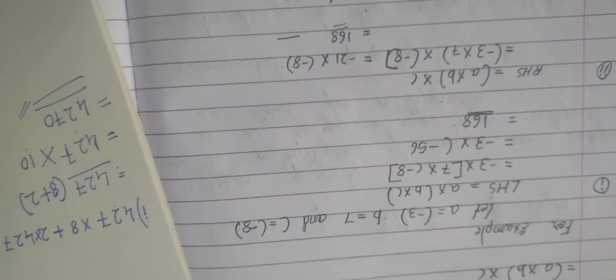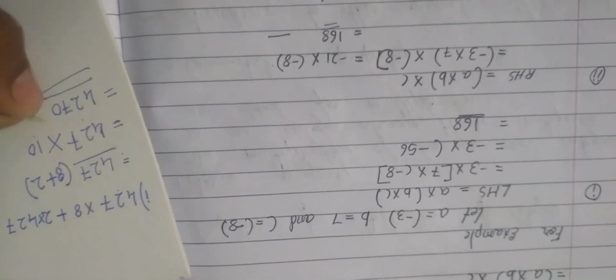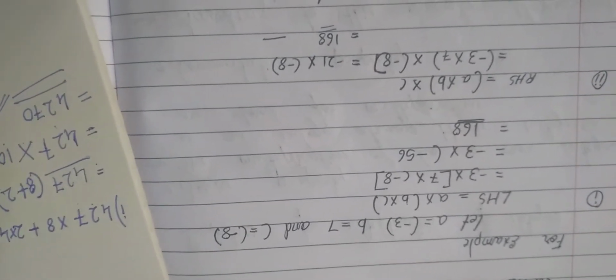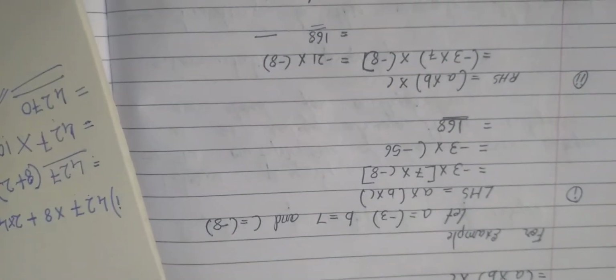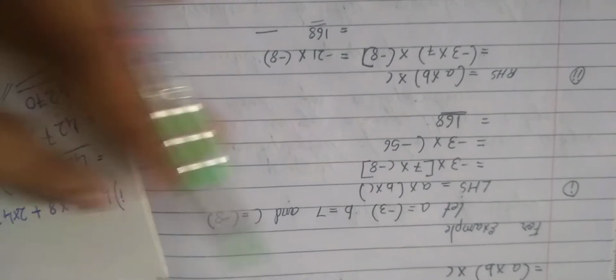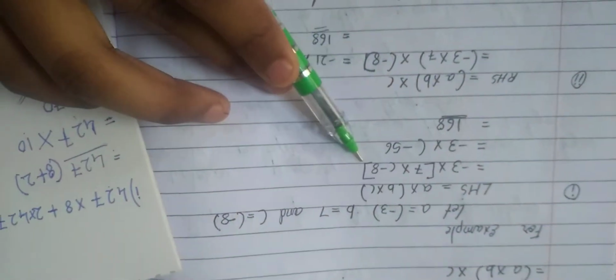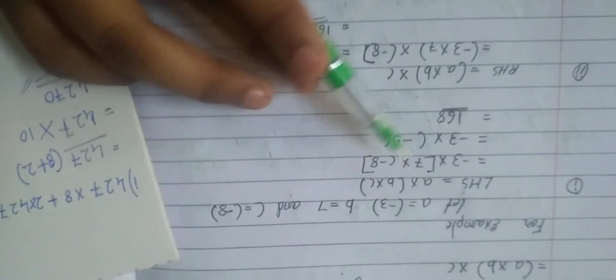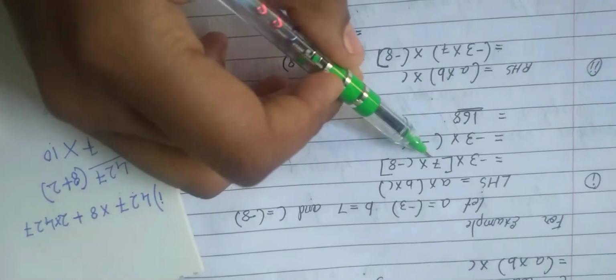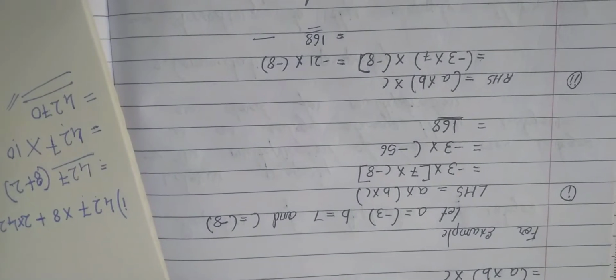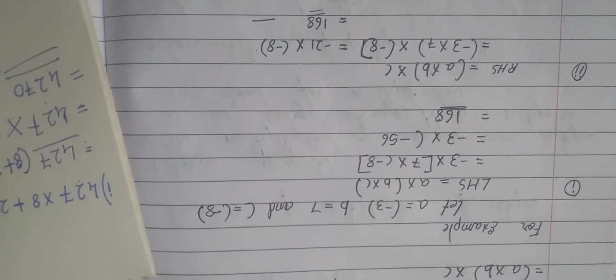First we have to do 3 into bracket 7 into 8. First we are going to multiply these two. 8 sevens are 56, and 56 into 3 is 168.